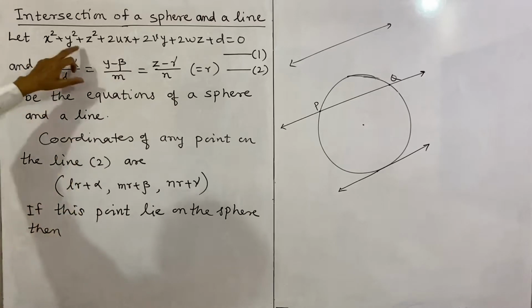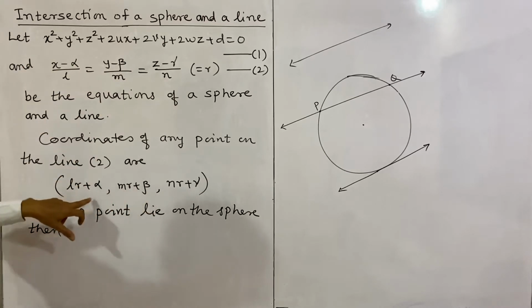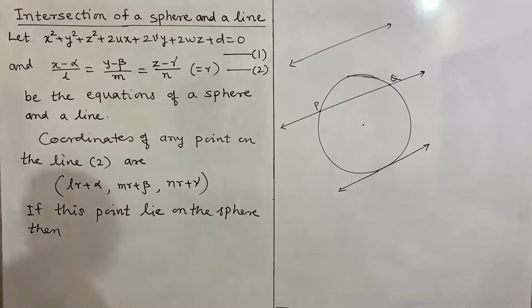That means in place of x, y, z we can write the coordinates of the point of intersection, which is a common point.